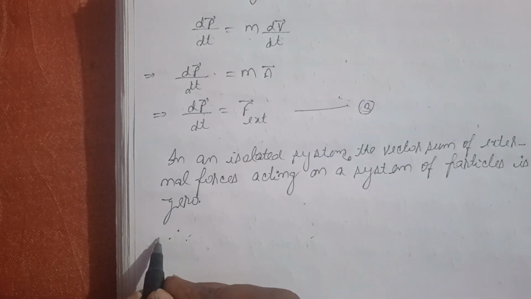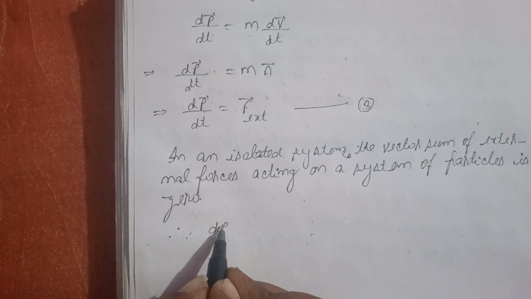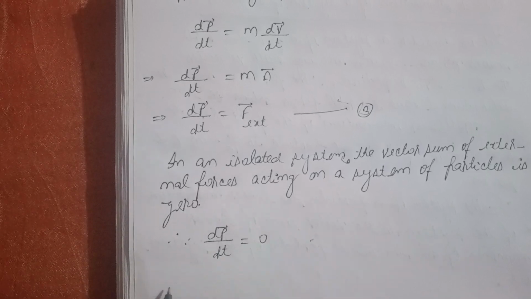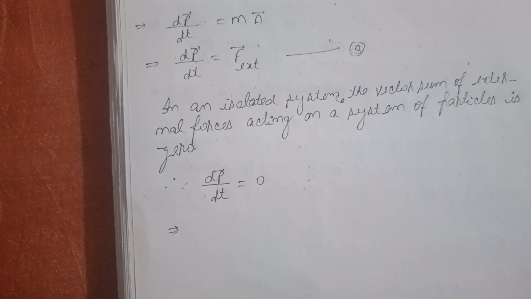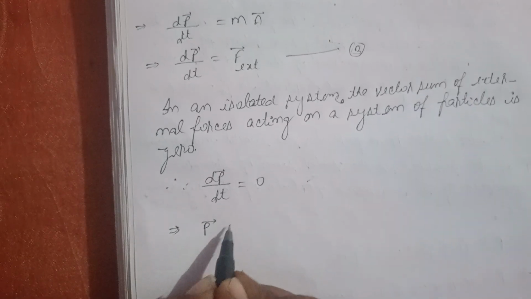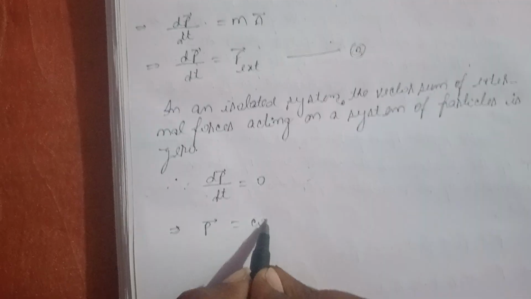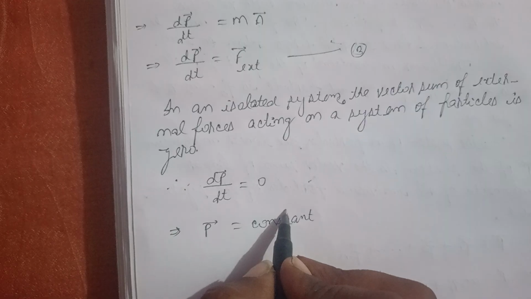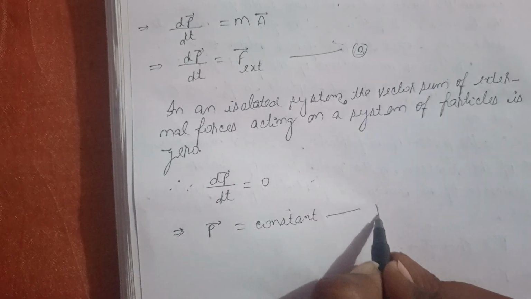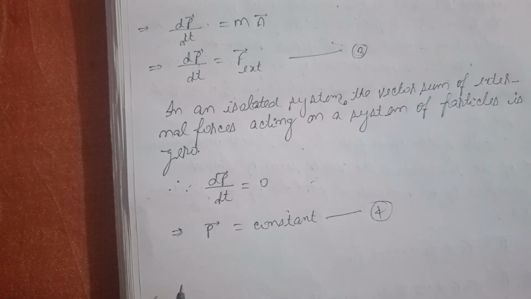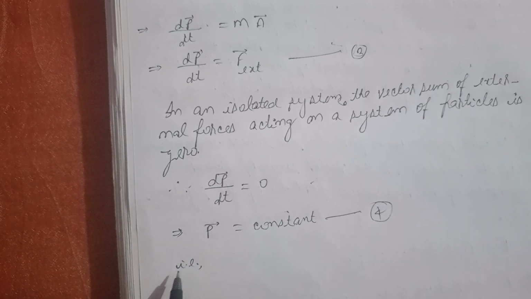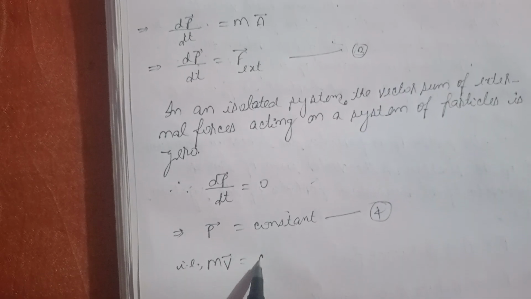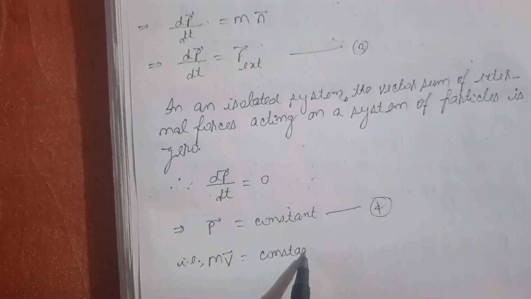Therefore, dp vector upon dt is equal to 0. तो यहाँ से वेक्टर p is equal to constant, M vector V is equal to constant.